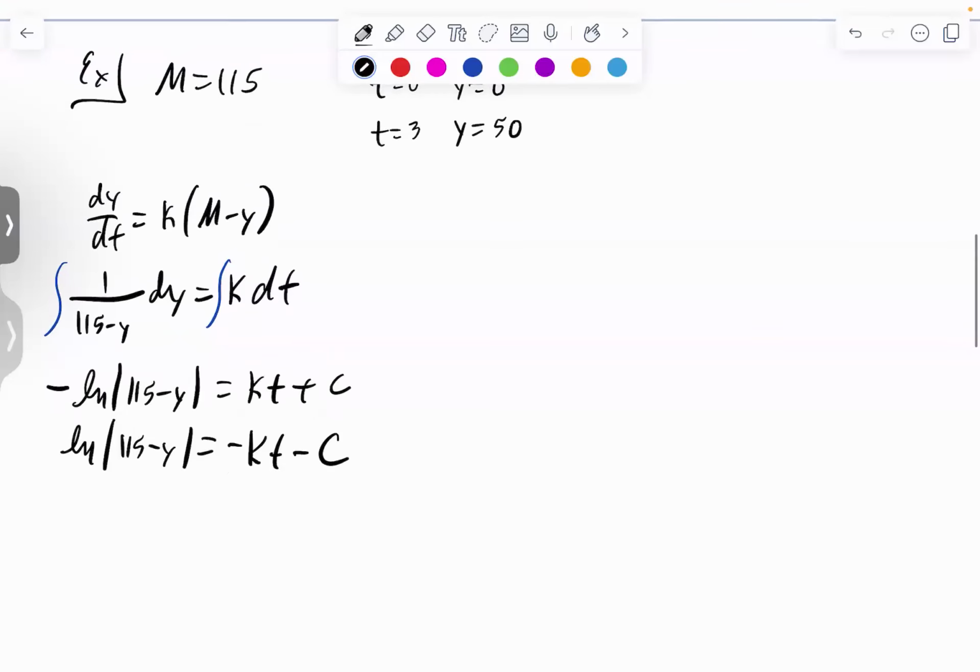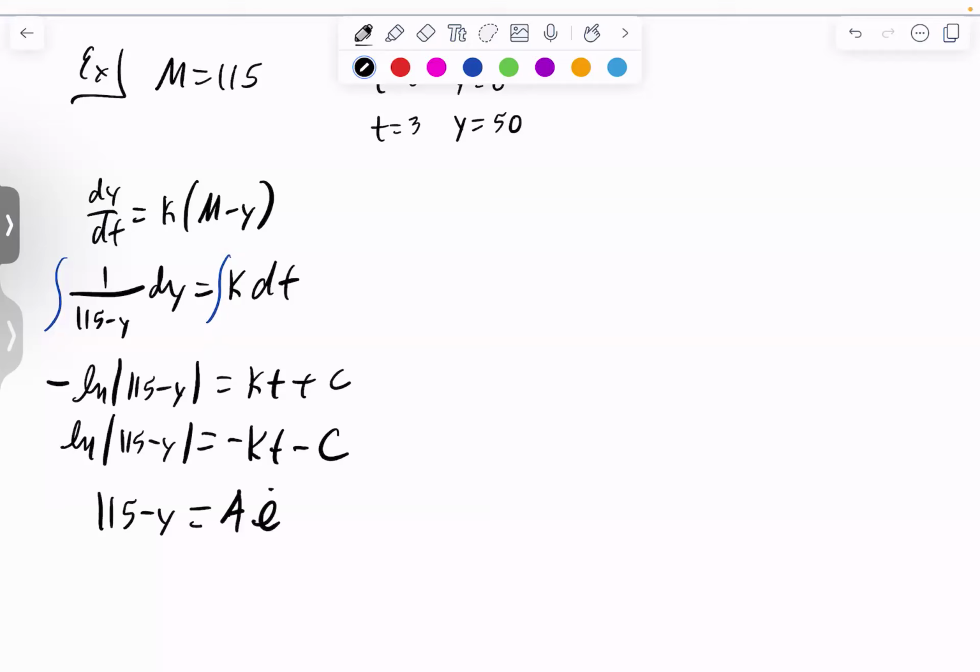And I'm going to convert that. e to the negative C is just another constant, so we'll call it A, then e to the negative kt power. All right, I'm going to solve for y by subtracting the 115 and dividing by negative 1.